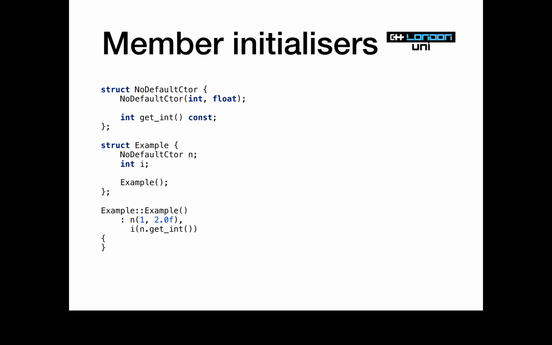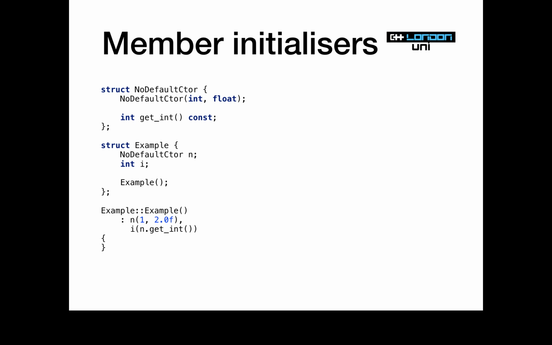With regard to order and the initialization list. You've got the n being constructed first in the initialization list, really to match what's in the struct example. But then of course you're calling getInt, which obviously has the prerequisite that n has been constructed.